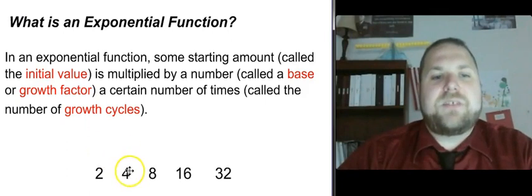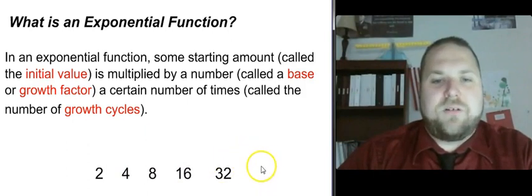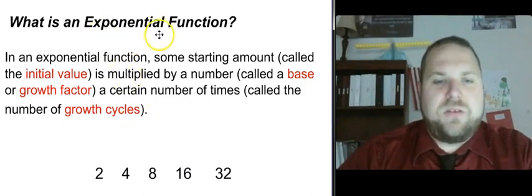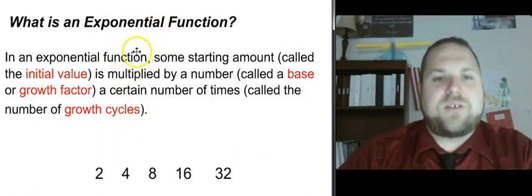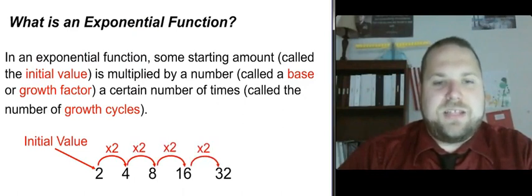And you'll notice that as we go, this is starting to get very big very fast. The next two terms in this sequence would be 64 and 128. So this thing grows really quickly. That's called exponential growth, named after this type of function. So again, we have an initial value of 2. And then I took that initial value and I multiplied it by 2 each one of these times. So that means our base or our growth factor is 2.